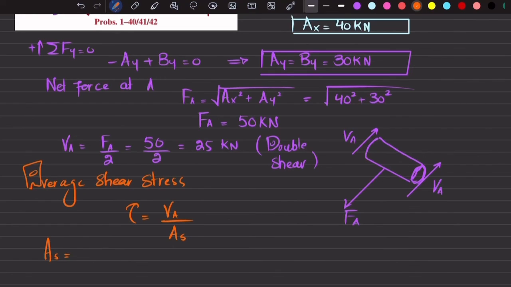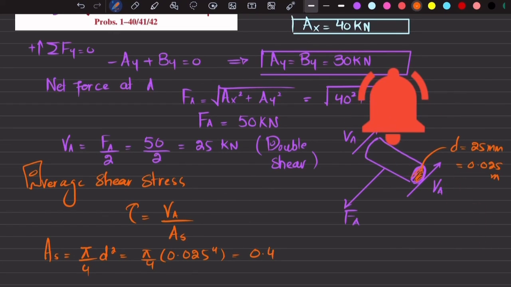The diameter of pin is given as 25 millimeter, which in meter is 0.025 meter. So area of a circular pin is pi by 4 d square. So put the value pi by 4 into 0.025 squared, which will give you 0.4909 into 10 raised to power minus 3 square meter.